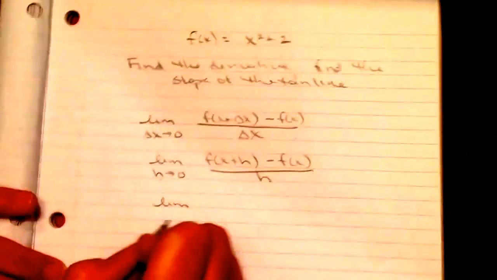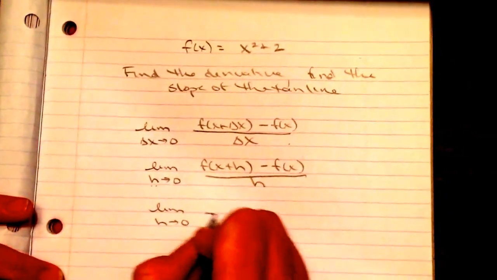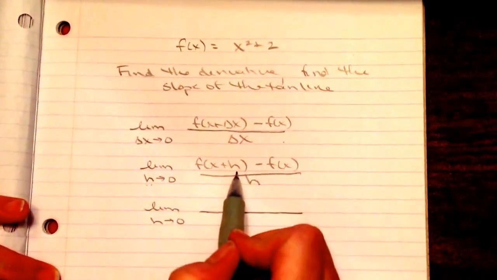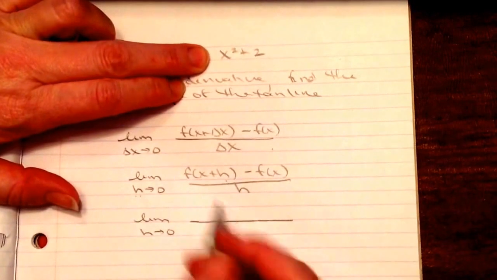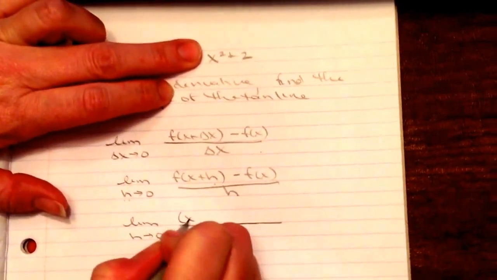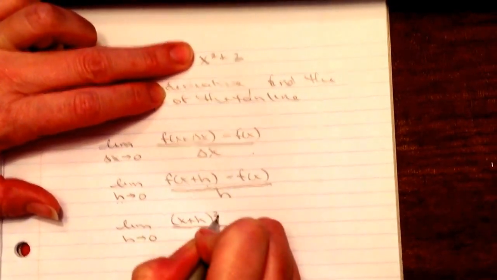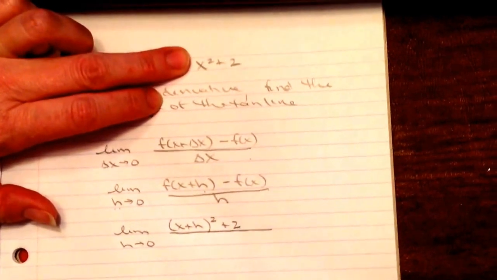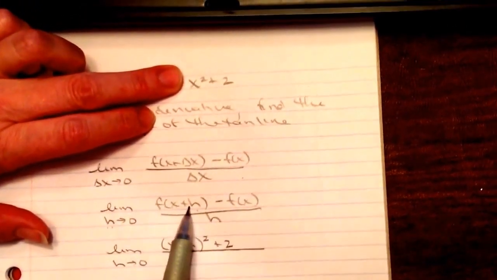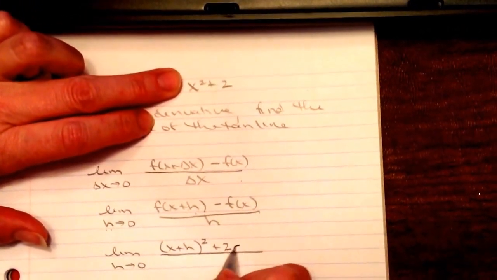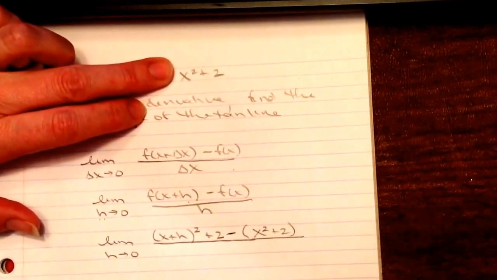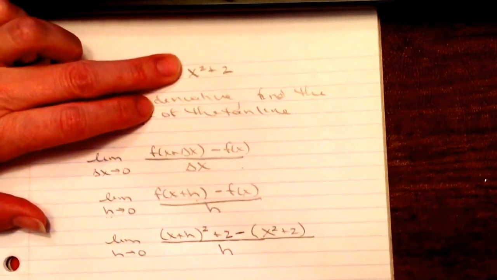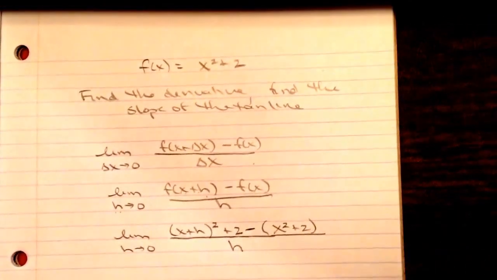What you have to be able to do, and this is good for review for your test, is write the difference quotient for this particular function. And that means, instead of x, it's x plus h squared plus 2. This is f of x plus h minus, and then you put your original function in, x squared plus 2, all over h, just like on your review sheet.